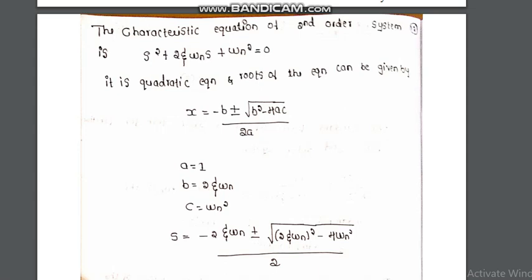B square means 2 zeta omega n square, minus 4 into a, a is 1, into c, c is omega n square, so minus 4 into omega n square, divided by 2 into a. So a is 1, divided by 2.